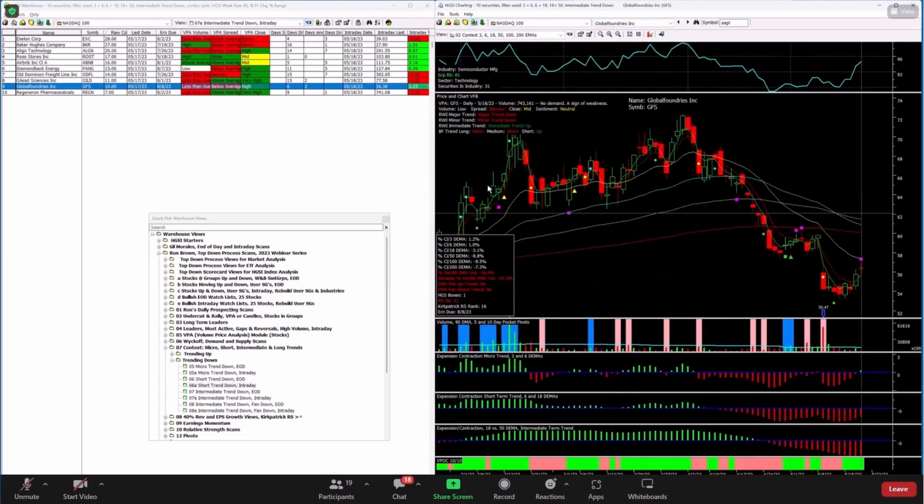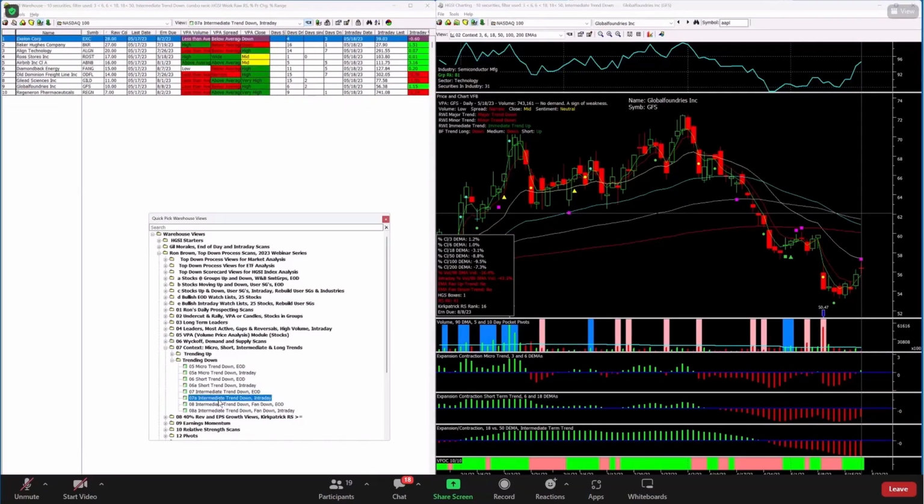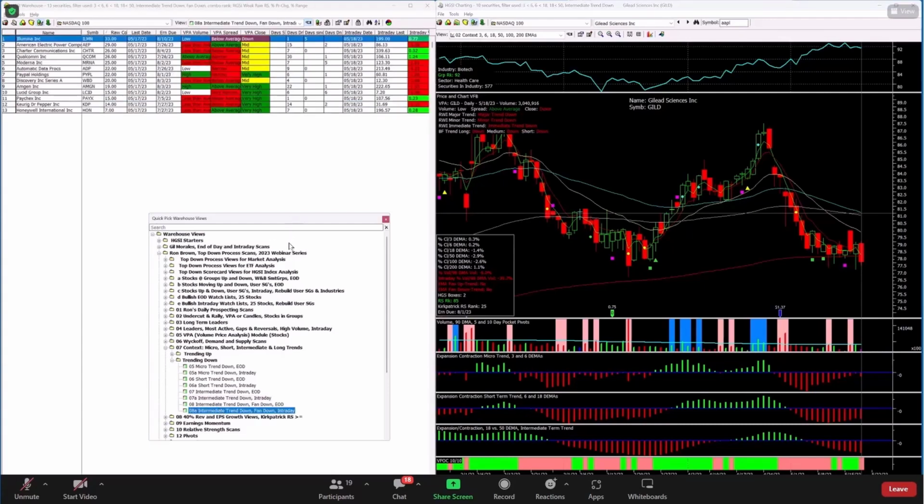And this, the last one, that's short-term trend down. I'm sorry. Here's the intermediate-term trend down. These all have to be down. And then the weakest ones are going to be on a day, intermediate-term trend down, fan down.